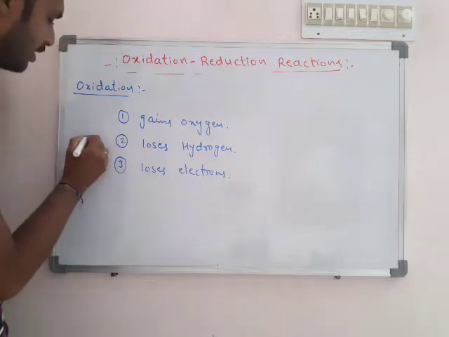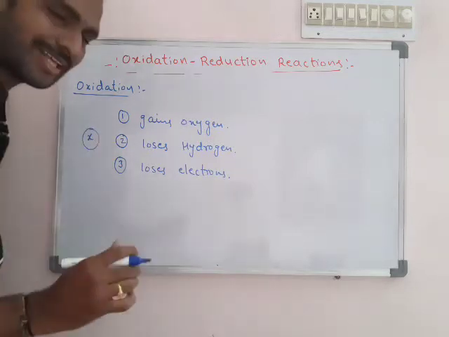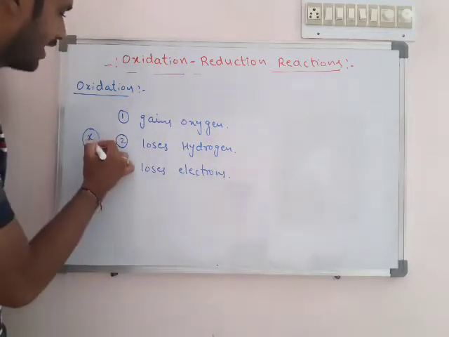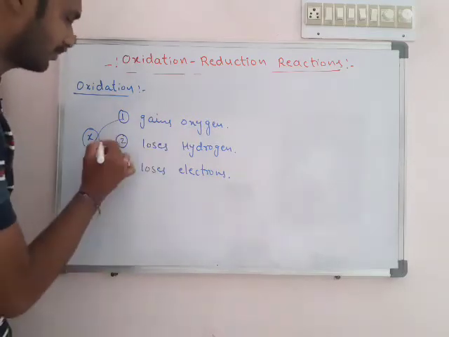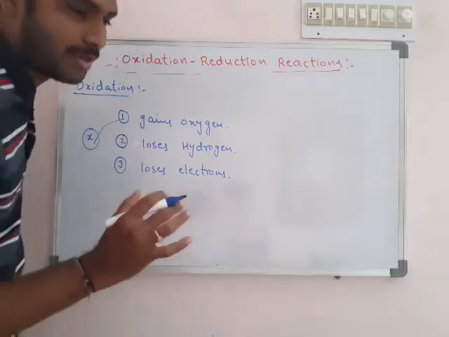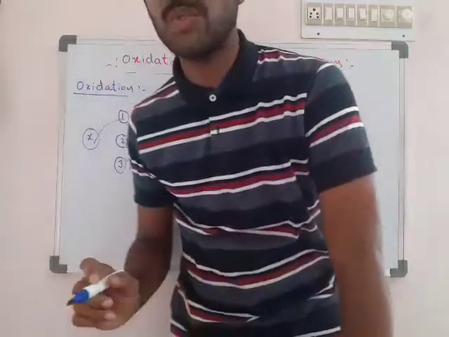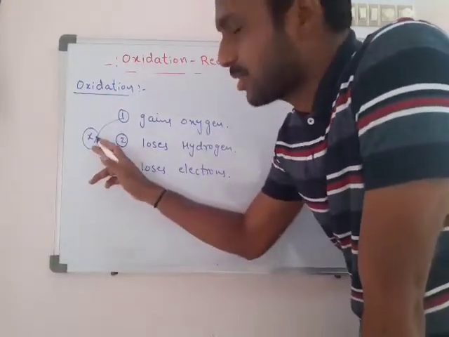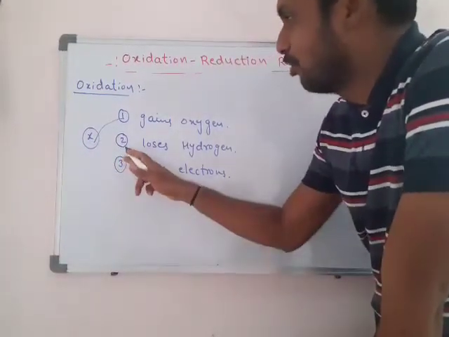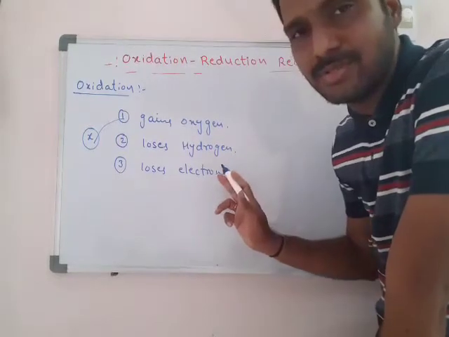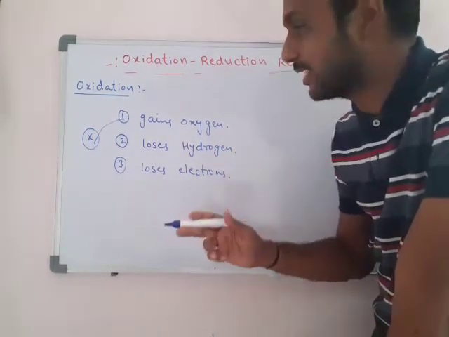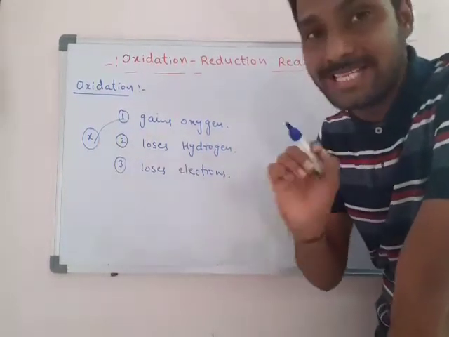Say X is a substance or a chemical species. If X gains oxygen, we simply say X is oxidized. If the substance X loses hydrogen atoms, it is also treated as X is oxidized.